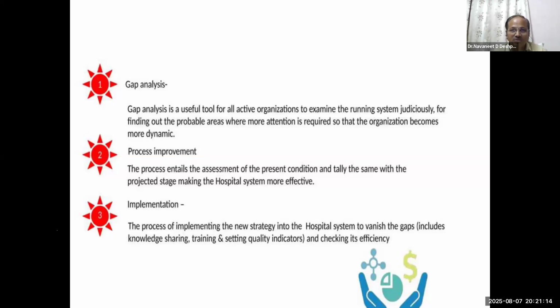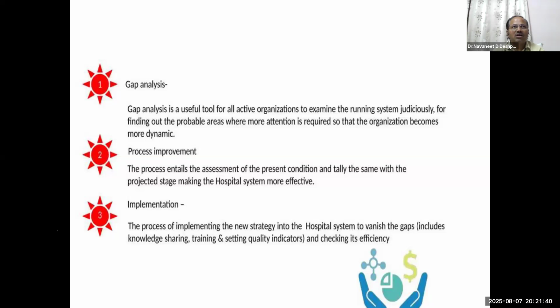And finally, of course, implementation. It is the process of implementing the new strategy in the hospital system to vanish the gaps we have previously identified. Vanishing the gaps includes knowledge sharing, of course, sharing and caring, and then training, which is the biggest hurdle. People don't have time to train each other. They assume that you already know everything.